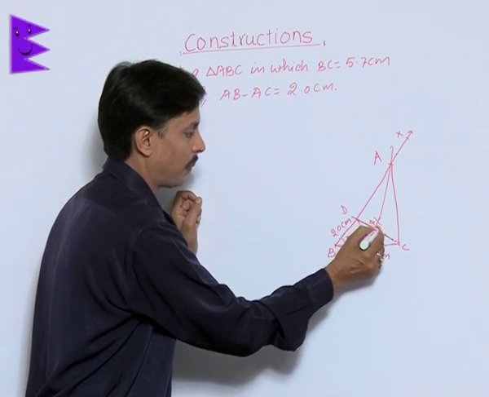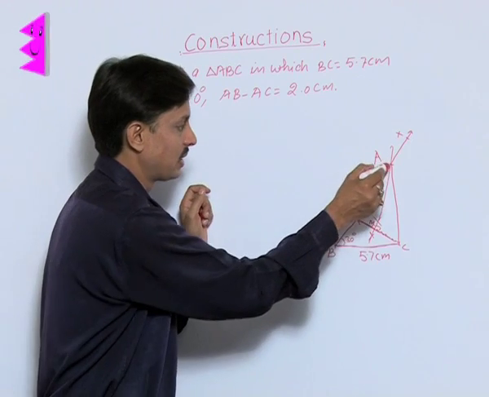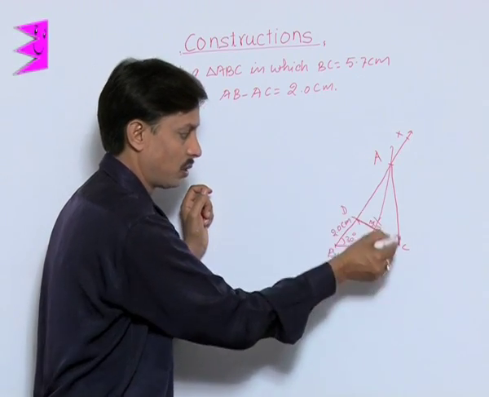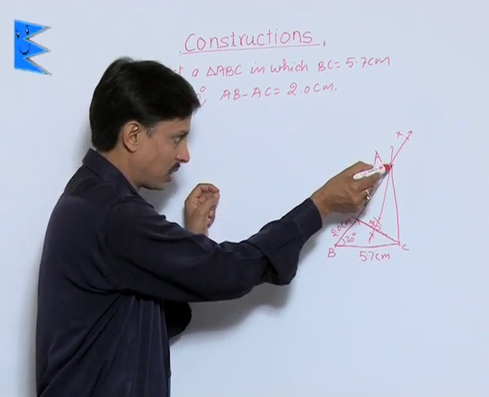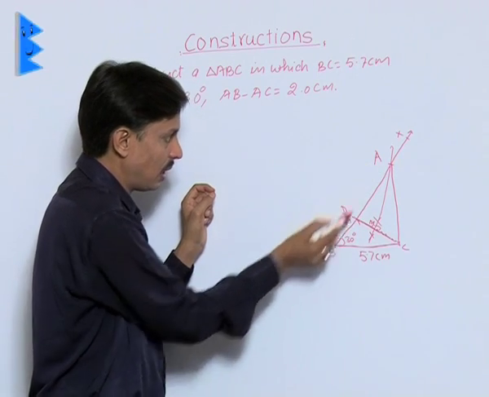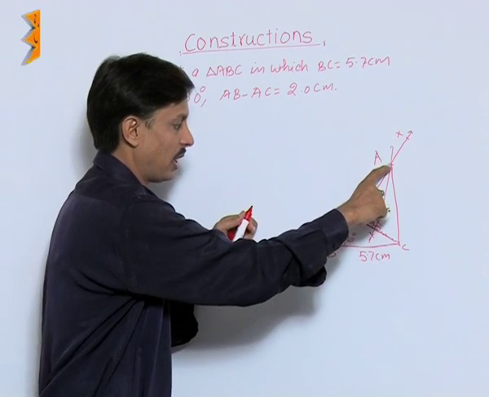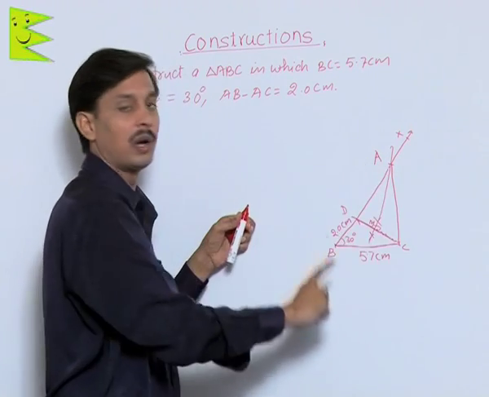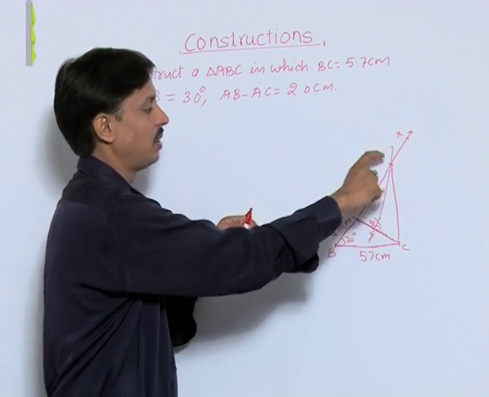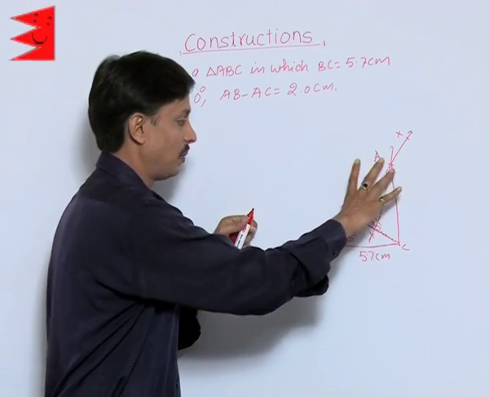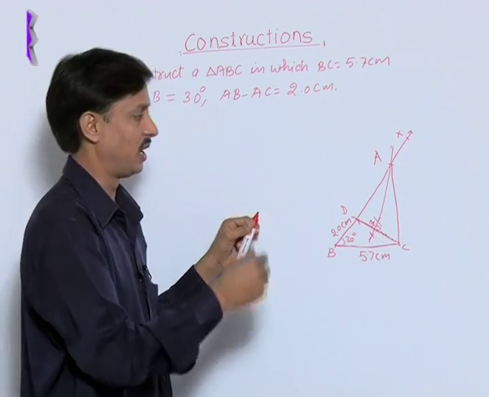So with the help of congruency, I can say AD will be equal to AC, and it is very clear that AB minus AD is 2 centimeter. In place of AD, AC can be replaced. That's why AB minus AD, that is AB minus AC, will be 2 centimeter.